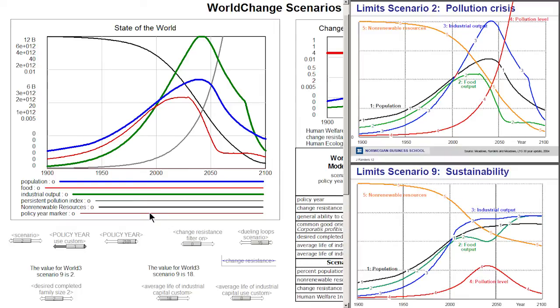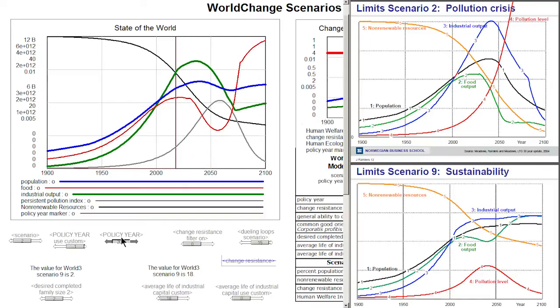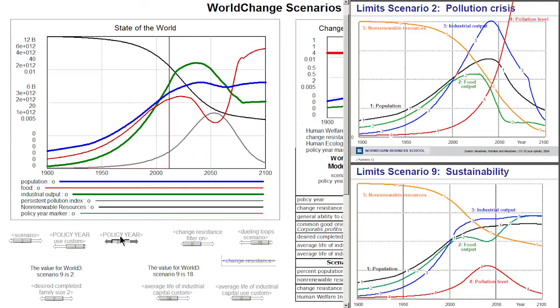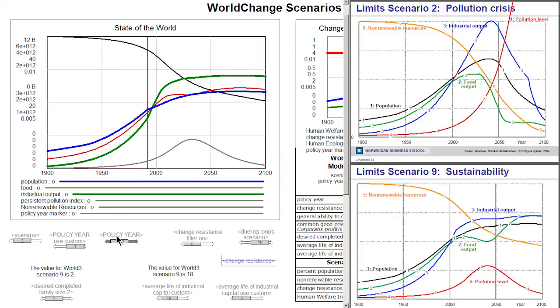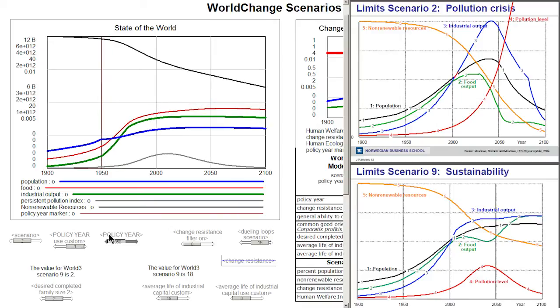But when we take policy year, the start year of the solution, and move it to the left, collapse turns into partial collapse, almost no collapse at all, and then a much better world with lower population, higher resources, higher quality of life, that kind of thing.